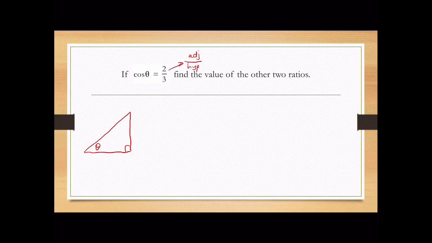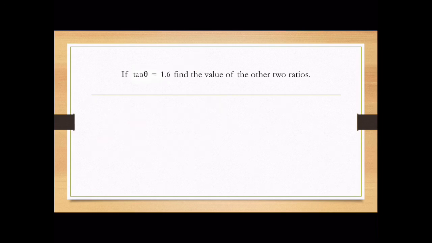And we know adjacent is 2, hypotenuse is 3, and this one here will be square root of 3 squared minus 2 squared, so square root of 5. So the other two, sine theta is root 5 over 3, and tan theta would be root 5 over 2.